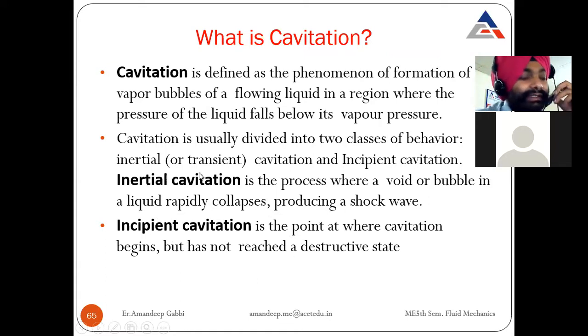Inertial cavitation is when the bubble moves towards high pressure and collapses there. Incipient cavitation is that in which the bubbles are forming but they are not collapsing. So there are two types of cavitation: inertial and incipient. The incipient is non-destructive and inertial is a destructive cavitation process.